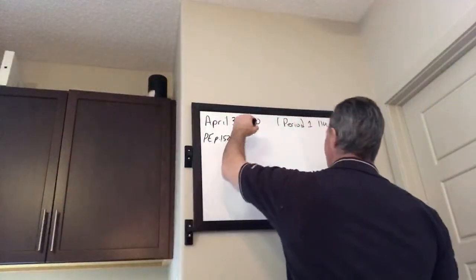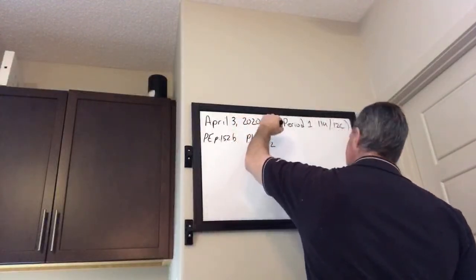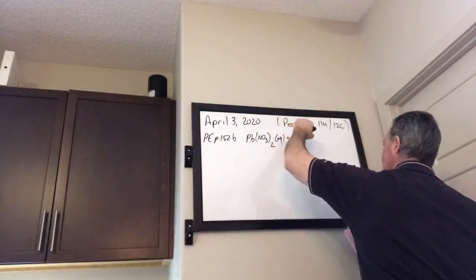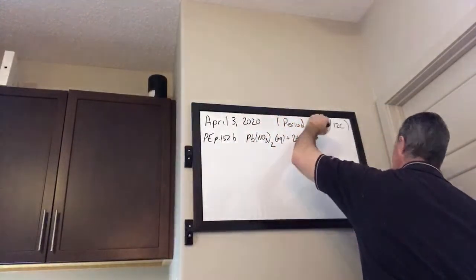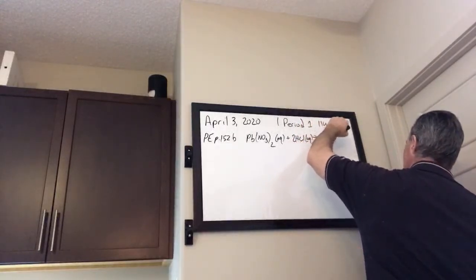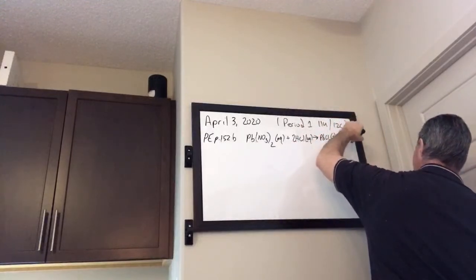We're showing that plumbous nitrate is reacting with hydrochloric acid to give you plumbous chloride, which is a precipitate, and then you get nitric acid as the byproduct.